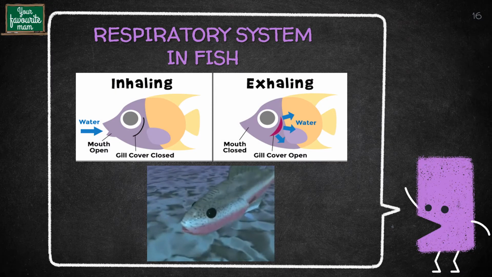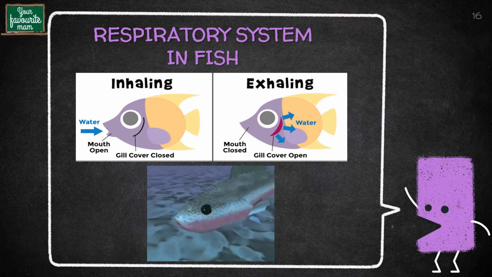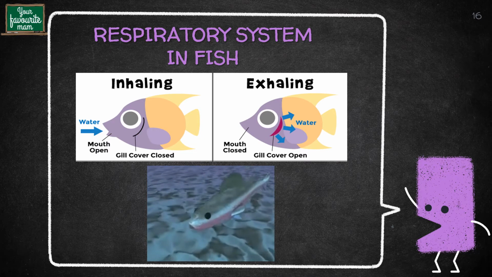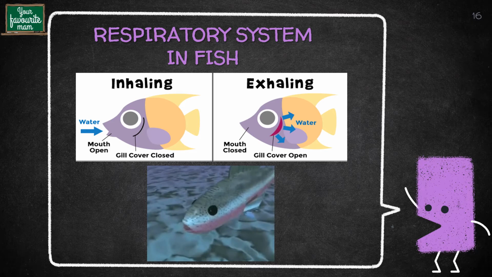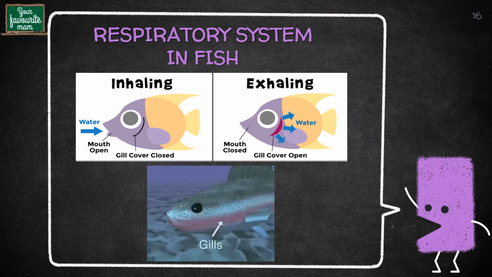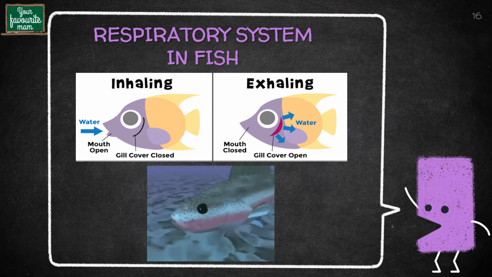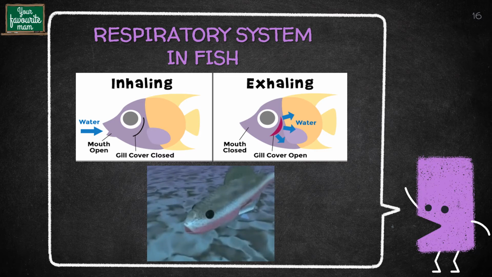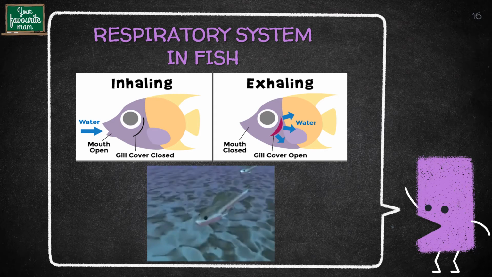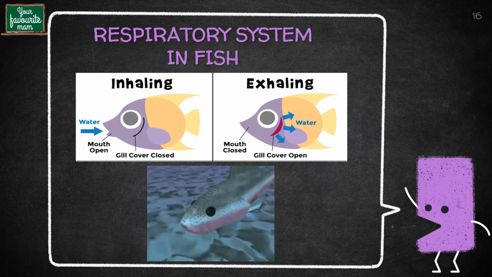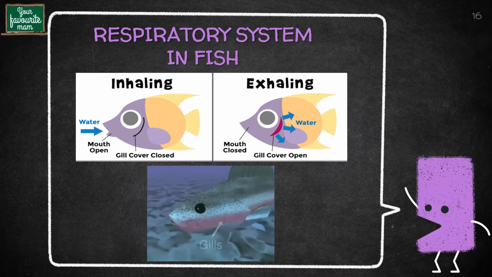So have you ever wondered how organisms like fish that live underwater breathe? See, most fishes exchange the oxygen dissolved in the water and carbon dioxide by means of an organ called gills, which is located on either side of their head. Gills consist of fleshy filaments filled with blood vessels, which gives them a bright red color.